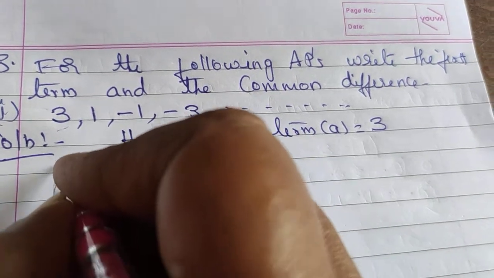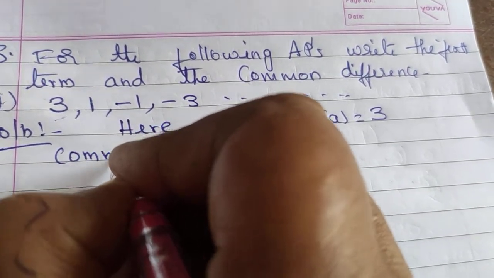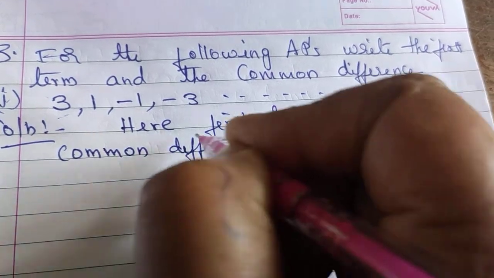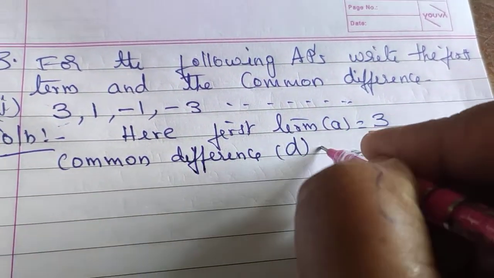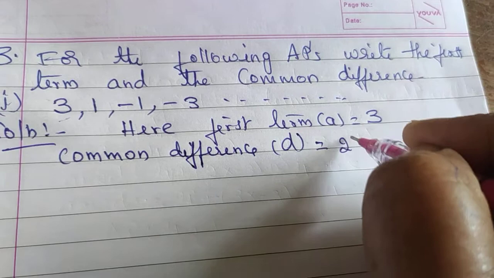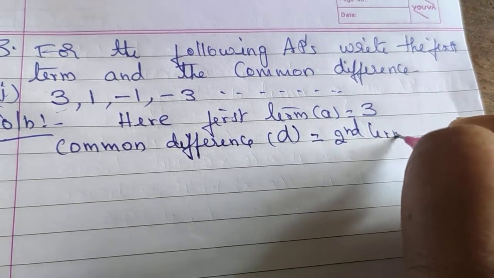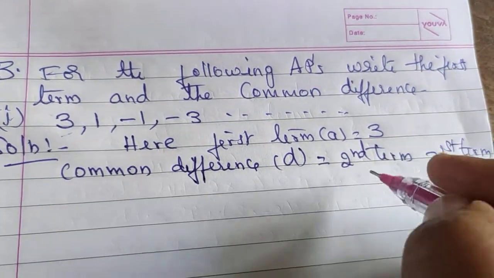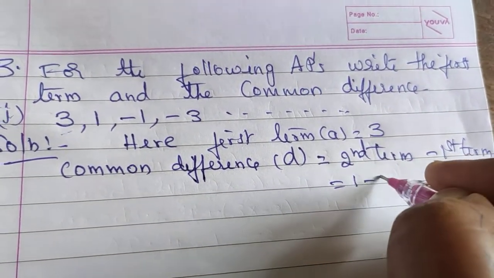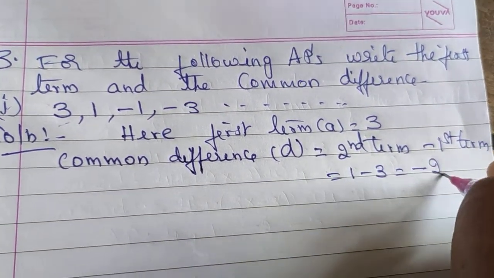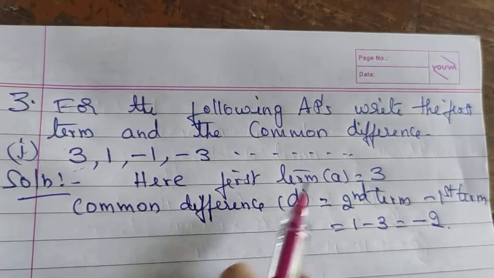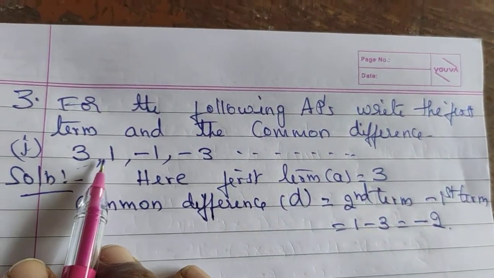Then the common difference D. D is equal to second term minus first term. Second term minus first term, that is 1 minus 3, that is equal to minus 2. Okay, so let us check once again. For second term minus first term I did.